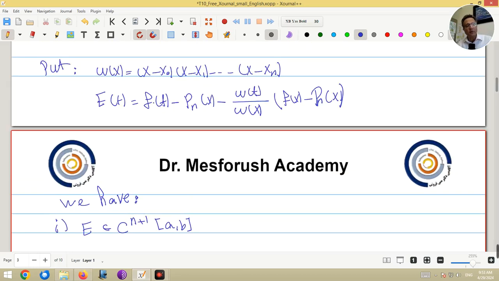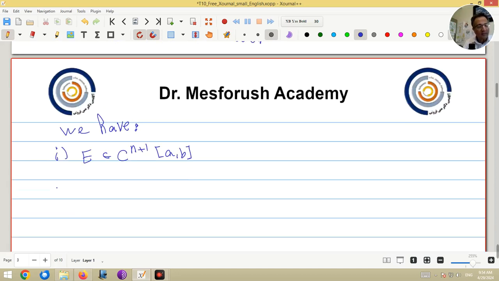Because f belongs to C^(n+1), and Pn of t is a polynomial of degree n, so it also belongs to C^(n+1), so the difference f minus Pn is also, and w is in fact a polynomial of degree n+1, so it belongs to C^(n+1). So the first thing is true.